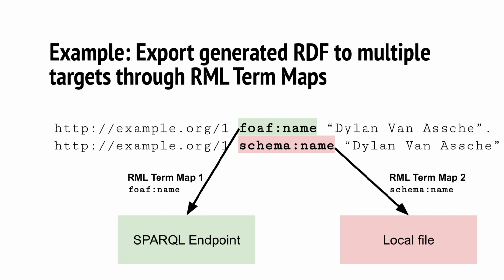In another term map, we define the predicate schema name. So each triple with schema name as predicate will then be exported to the target there, which is a local file. This way, we have fine-grained control over where each triple is exported to. So you can not only export a whole knowledge graph, but also parts of it to a certain target.